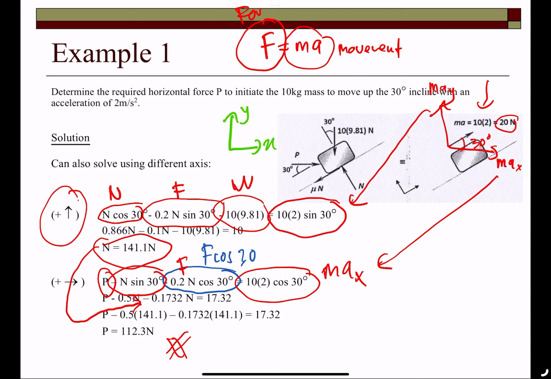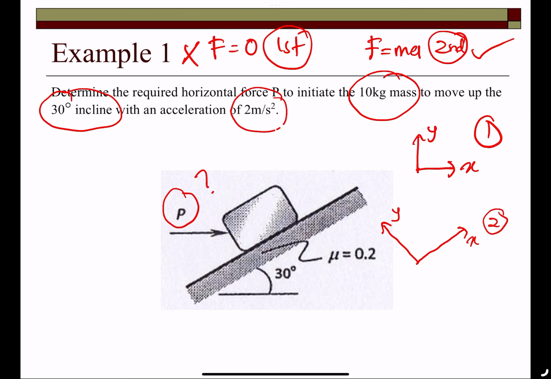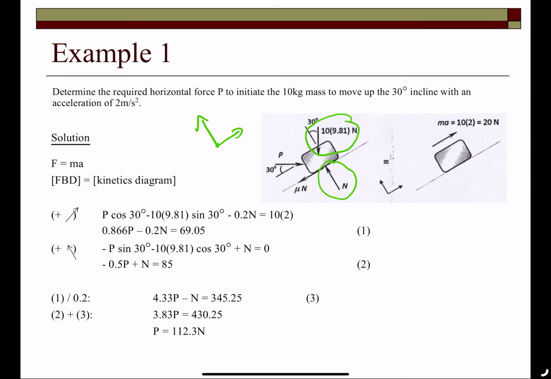Okay, so if we use this assumption, as I mentioned here, this one is done. We have two different options. Number one is the orientation itself, which is horizontal and vertical, and number two is we follow the level of the inclination, like this one.